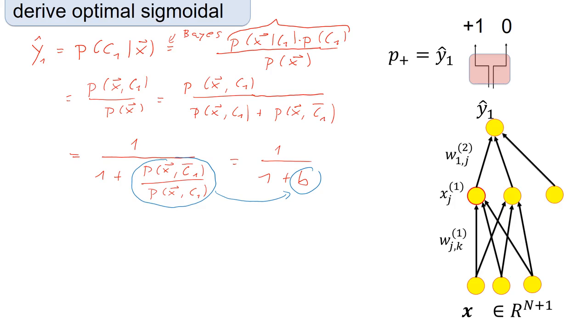Now, what are the values that b could take? Well, b must be positive because the probabilities are both positive. And it can go up to infinity: if this probability here is very small, then b can become very big.